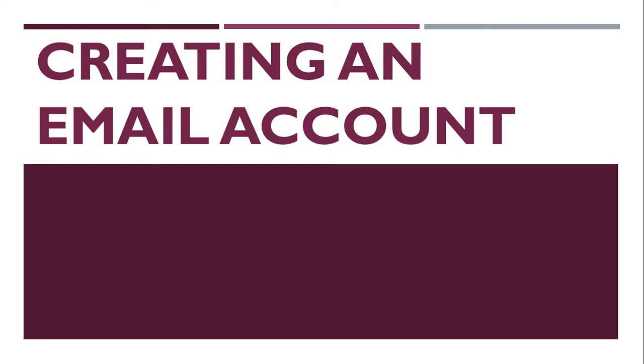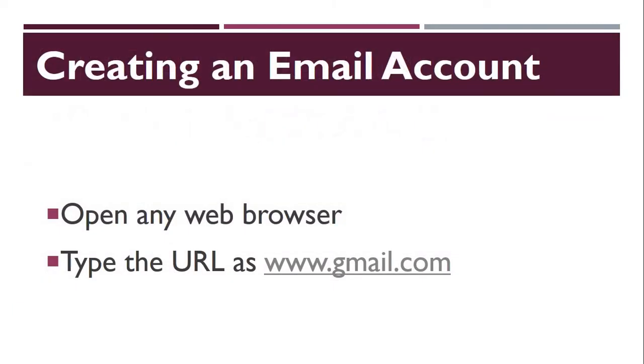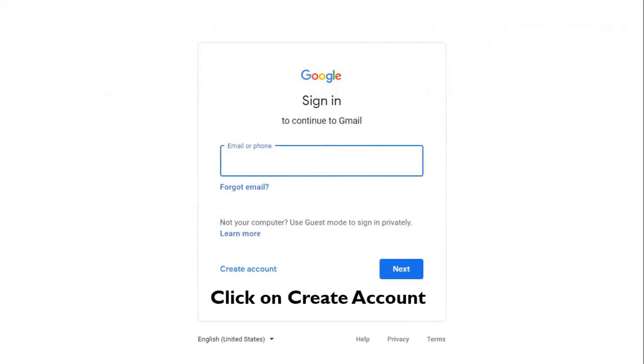The first step, we need to open any web browser. Next, type the URL www.gmail.com in the address bar. After entering the URL, press the enter key on the keyboard and it will open this page. This is the home page of the Gmail website.